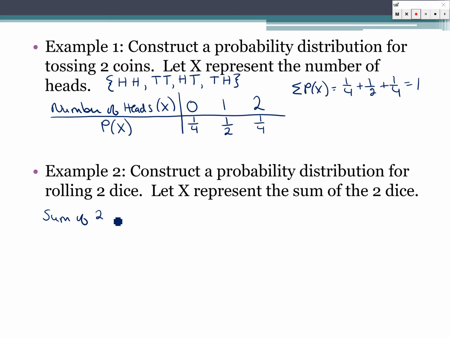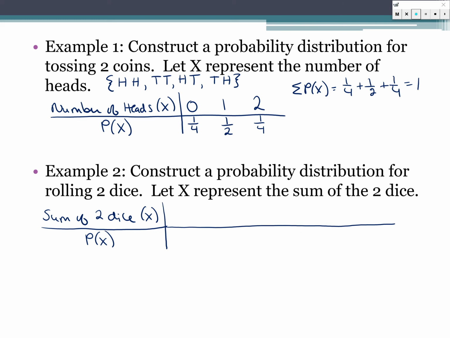The sum of 2 dice is going to be our x, and then the individual probabilities are the p of x.